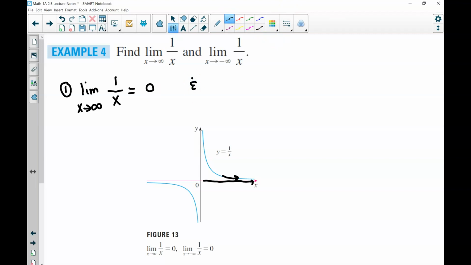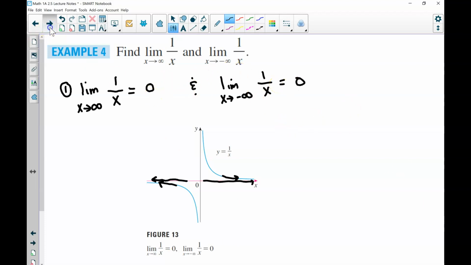And the limit as x is approaching negative infinity of 1 over x: here, as it's approaching negative infinity, the function is approaching what number again? Well, it's approaching 0. So this is going to give us our next important definition about 1 over x.